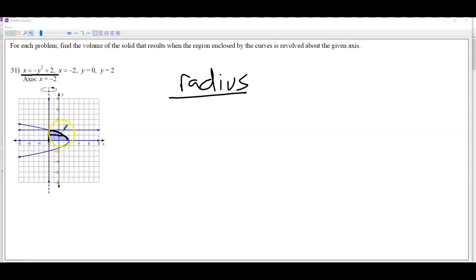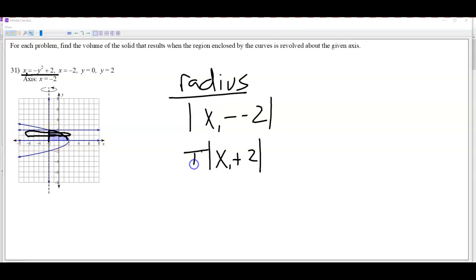And so that's going to be, call it x1, minus the axis of rotation, which is -2. And if we simplify that, we just get x1 plus 2, right? And as we rotate this thing horizontally, which is what we're going to be doing, it's going to trace out a circle with an area of pi r squared.